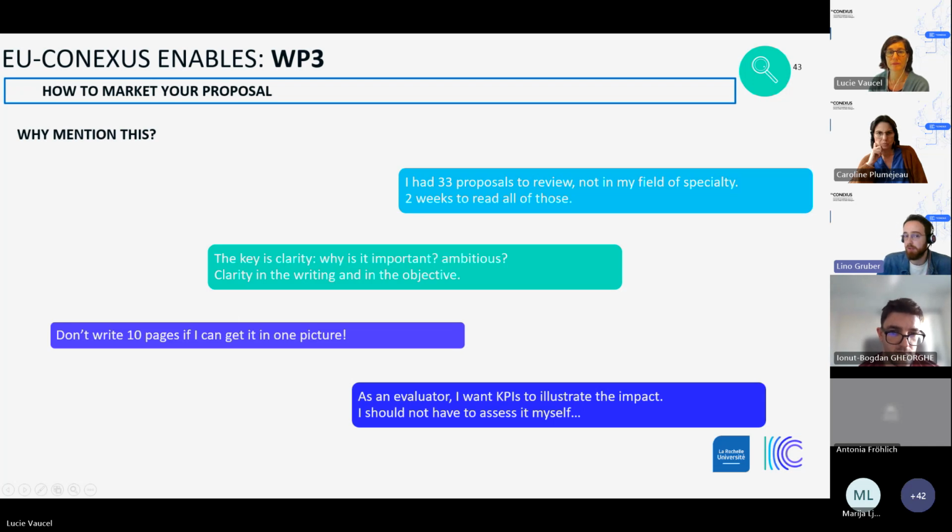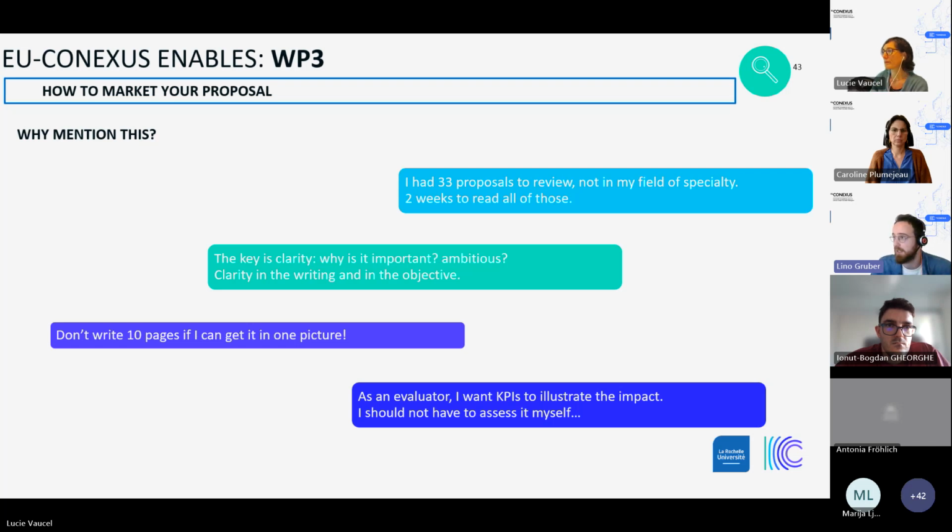Sometimes an evaluator will have to assess proposals that are not in his or her exact field. So he or she will have a very limited amount of time to get familiar with this field, which is why you need to market your proposal correctly so that it stands out.